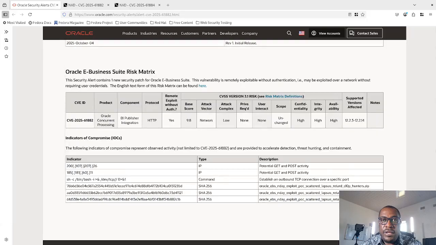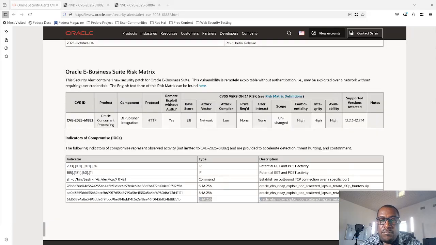So in your SOC analysis, you might be looking for commands that are trying to create a reverse shell, or any of some of these, which look like encryption keys that could be used by the attacker to try and exploit your existing infrastructure.